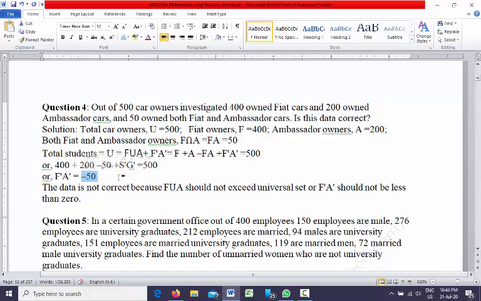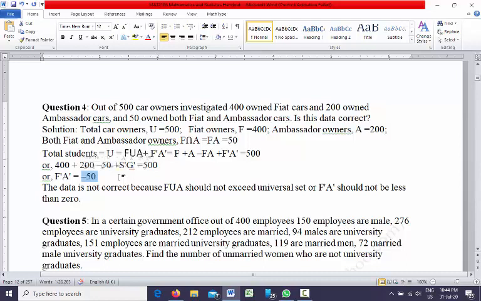So remember, the number of owners cannot be negative. It can be 0, meaning no owner is there. If the answer is 0, that means the number of owners who have neither Fiat nor Ambassador is 0.